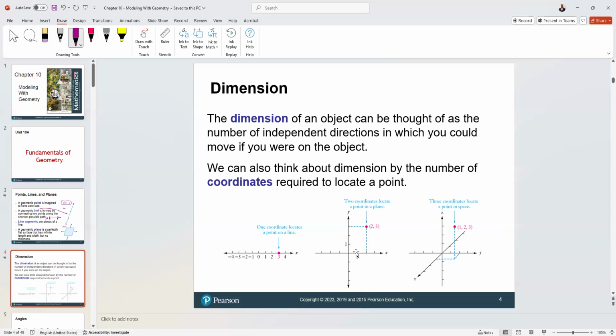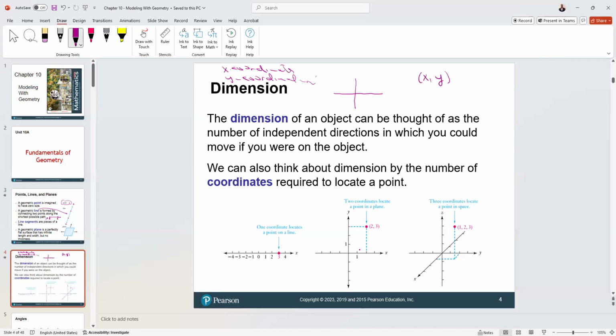A plane is two-dimensional because it requires two coordinates, as you can see on an XY plane. That requires an X coordinate and a Y coordinate. So you require two of these. So that's a plane.